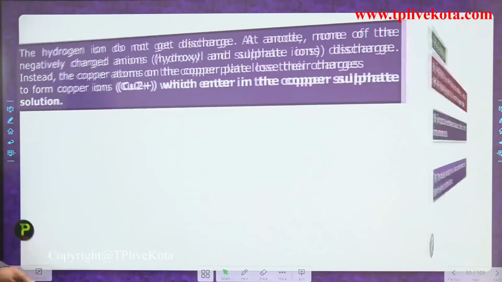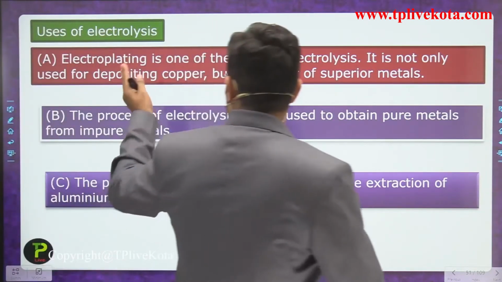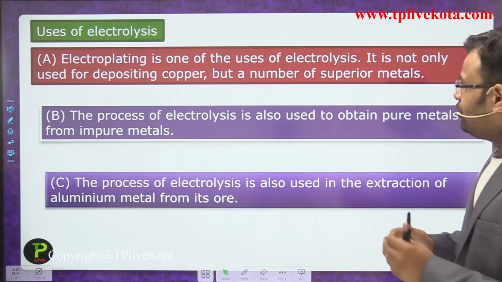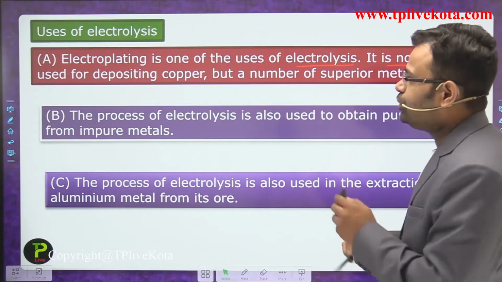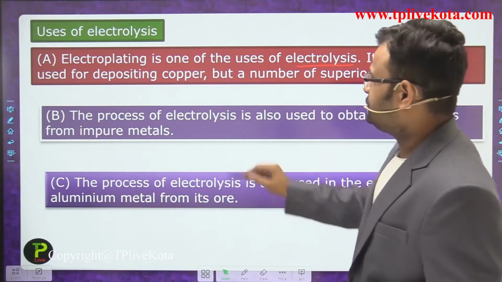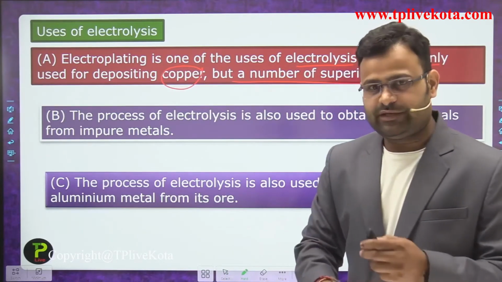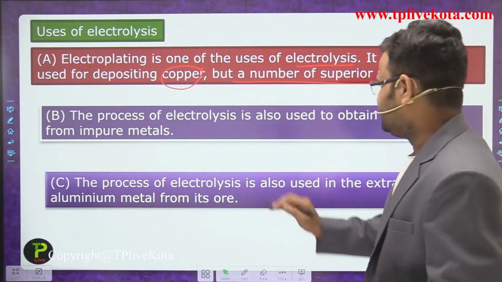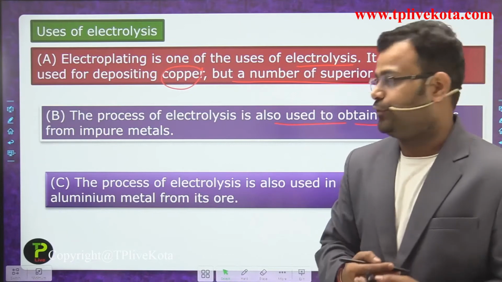Okay, let's see. So what are the uses of electrolysis? Electroplating is one of the uses of electrolysis. It is not only used for depositing copper, but a number of superior metals. We can use many metals. The process of electrolysis is also used to obtain pure metal from impure metals.